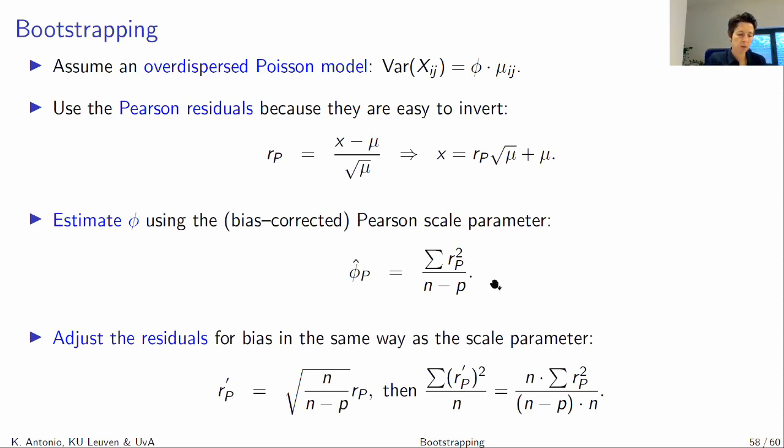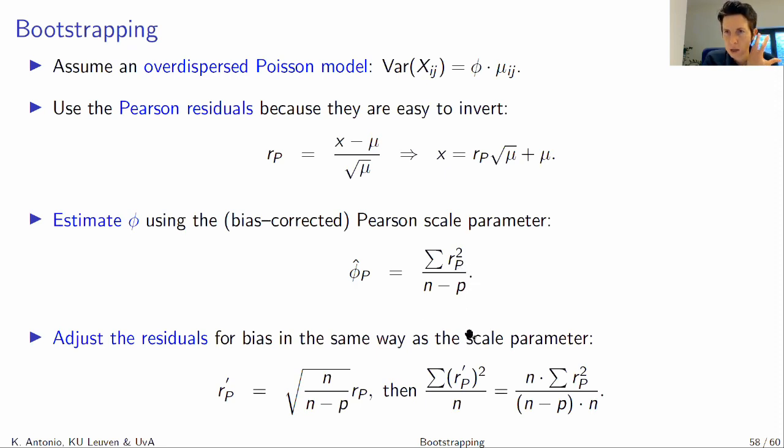Now, when I talk about the residuals here in the context of the bootstrap, what you will see in the literature is that people often use not the Pearson residuals as we know them, but a slightly adjusted version of them. And we adjust the residuals for bias in the same way as we do with the scale or with the dispersion parameter.